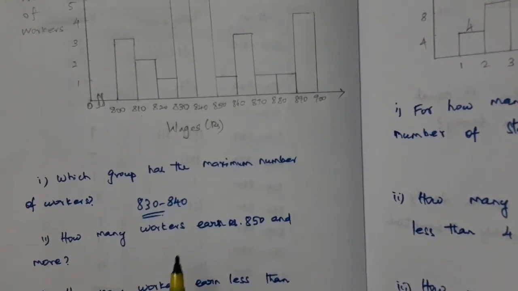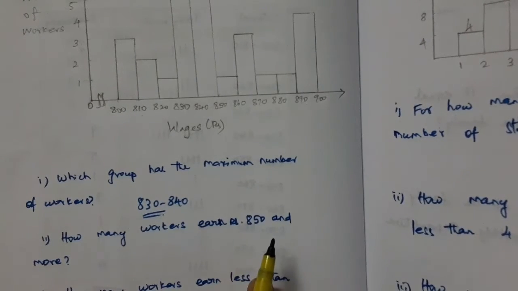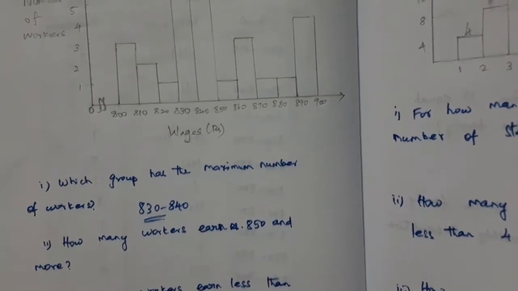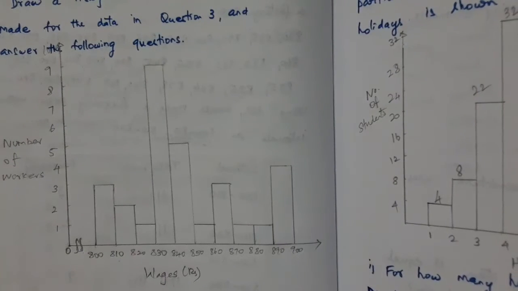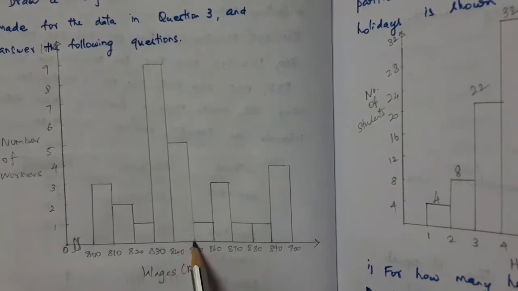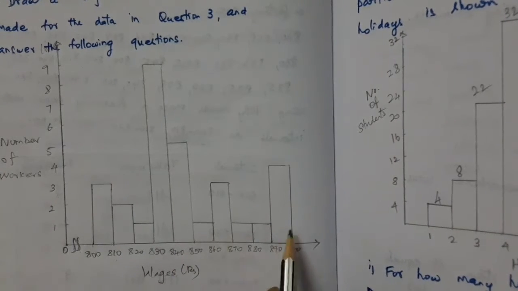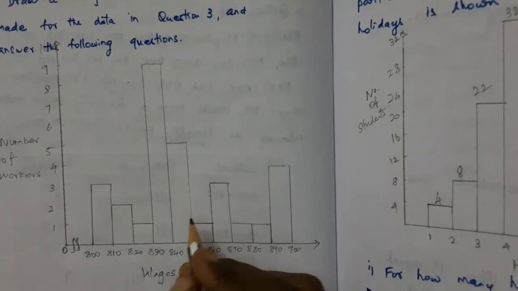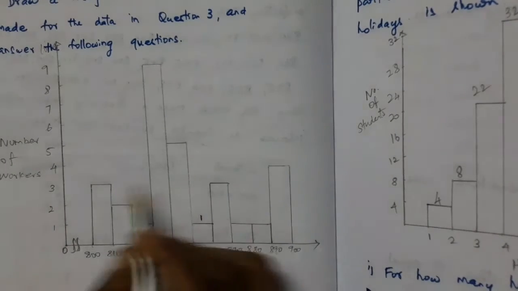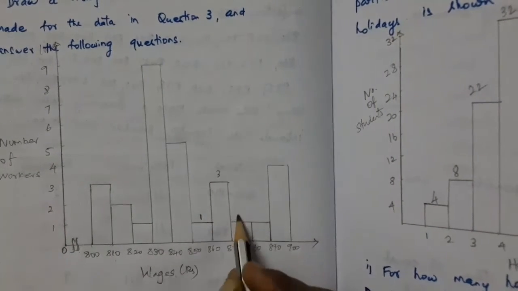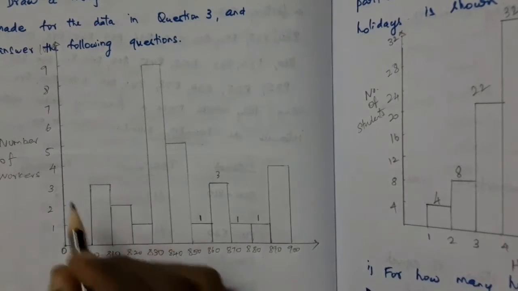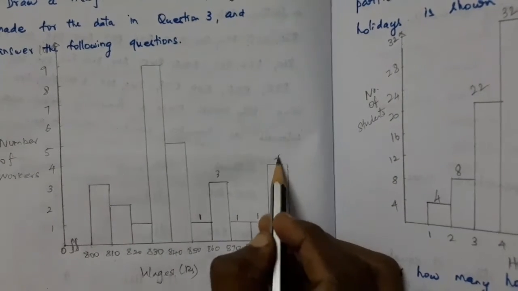How many workers earn rupees 850 and more? So where is how many workers are earning rupees 850 and more? So here it is 850. Okay, so you have to count after that how many workers are there. Here it is 1, and here it is 3, and here it is 1, 1, and here it is 4.